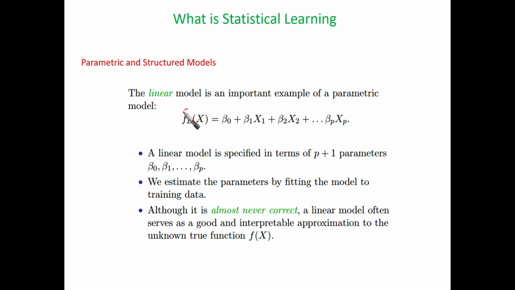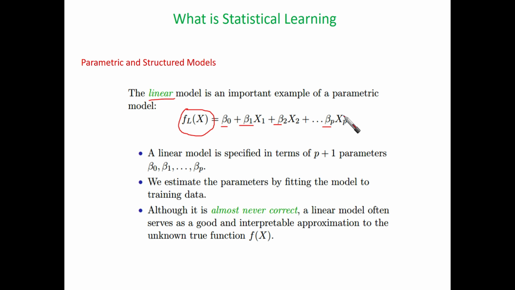So that means our function or model, this is a linear model, is parameterized by, let's say if we have p predictors, then we have p plus 1 parameters. The very first one is beta naught, and then beta 1, beta 2, and then beta p.